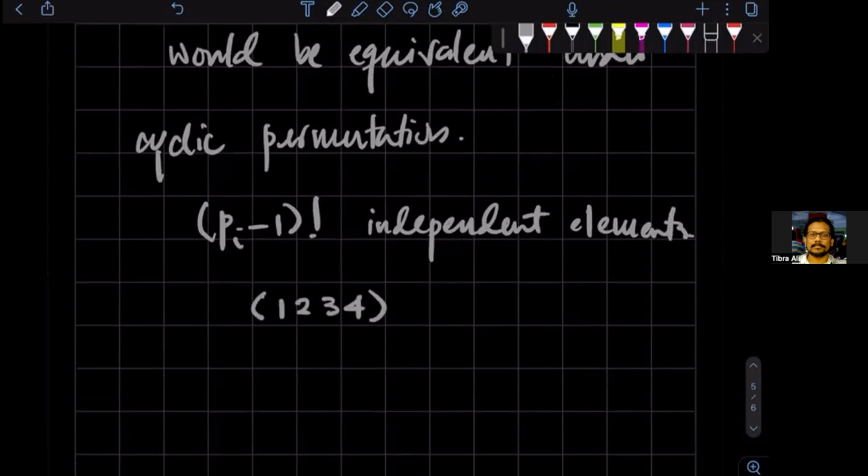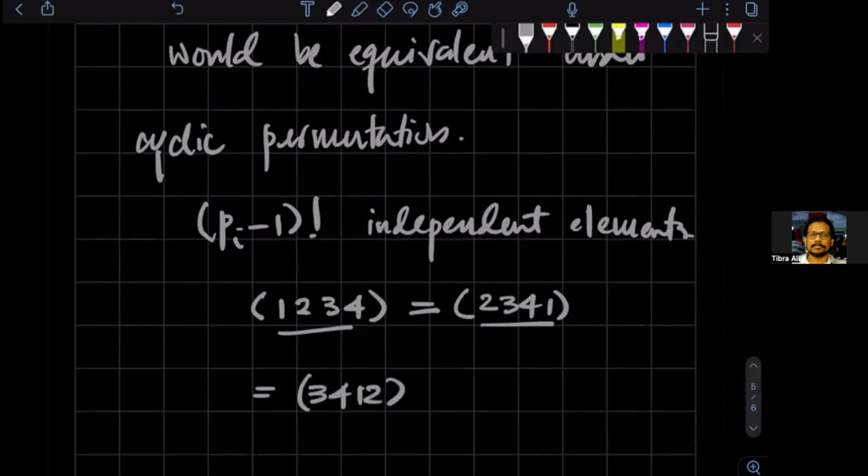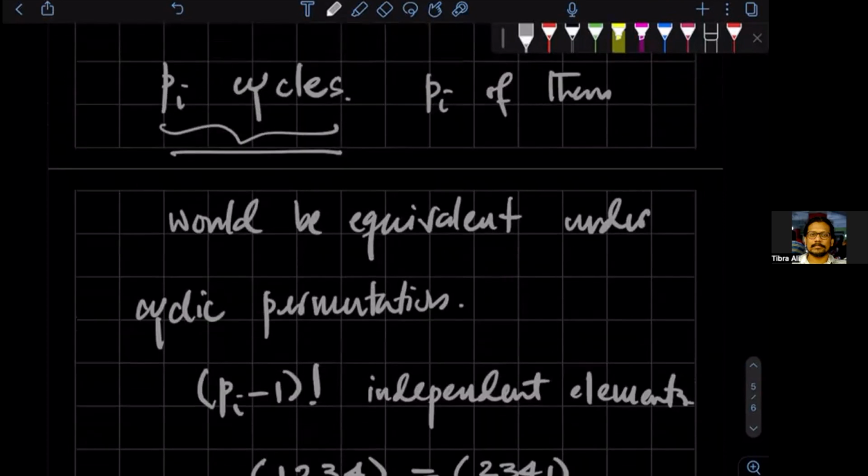This cycle is the same as this cycle. These are the same elements, right? Because they do the same thing. And that's equal to, say, 3, 4, 1, 2, and that's equal to 4, 1, 2, 3. That's what I mean by, if I take Pi cycles, Pi of them will be equivalent under cyclic permutations, right?